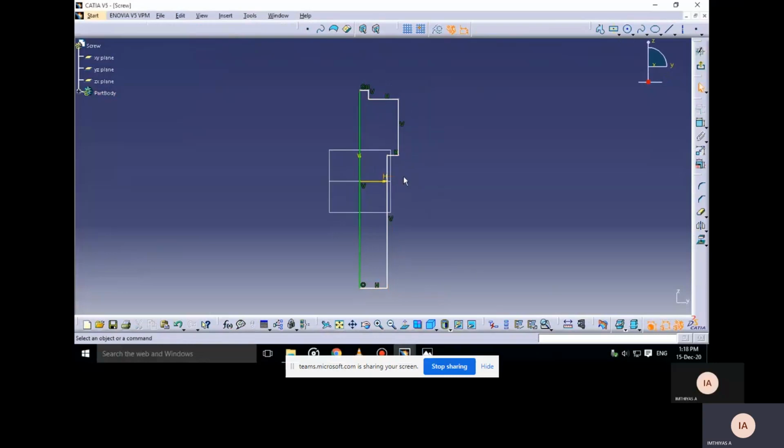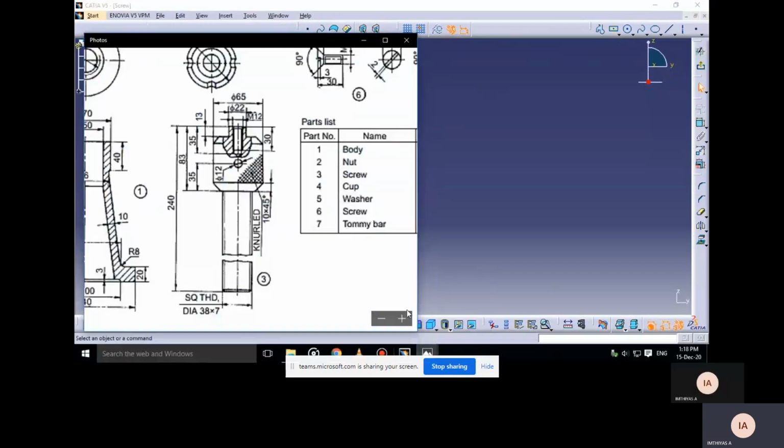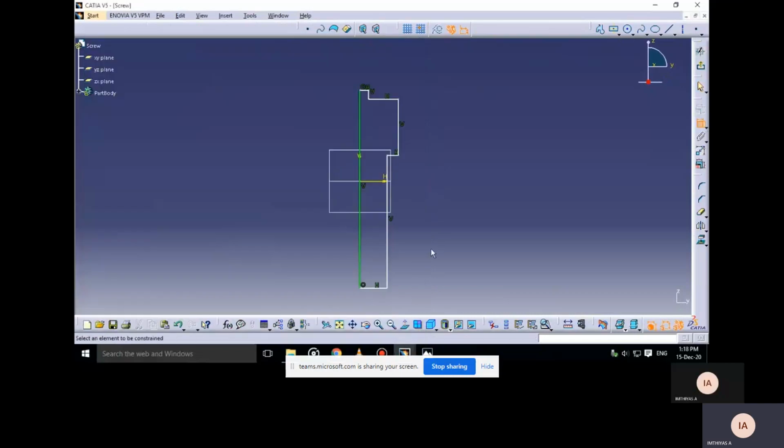A simple profile will be made, then using the constraint we can change over the dimension. Actually, the total height is 240.